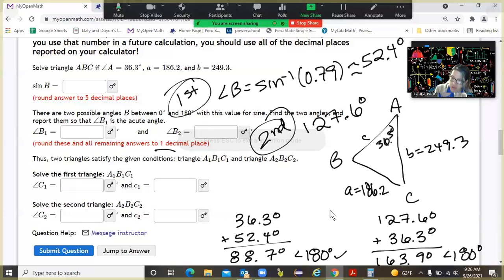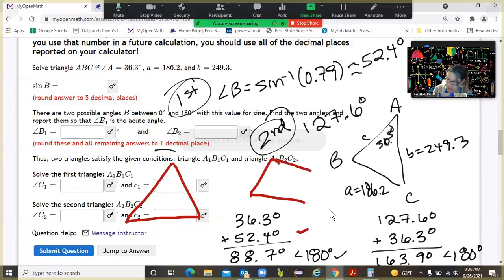The reason that there are two triangles here, I'm going to try to draw it, is because this first one has angle B being an acute angle. So it's acute all around. I know that looks like an equilateral, whereas the second one has angle B being an obtuse angle. So I'm going to try to draw that where you can see this angle's the same, but this one, wow, that was really bad.